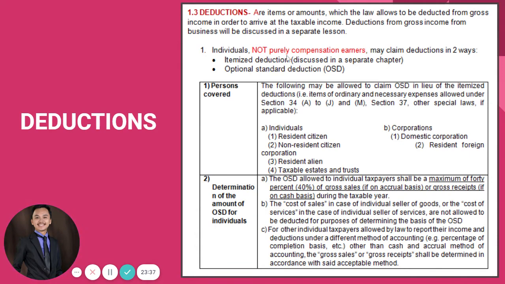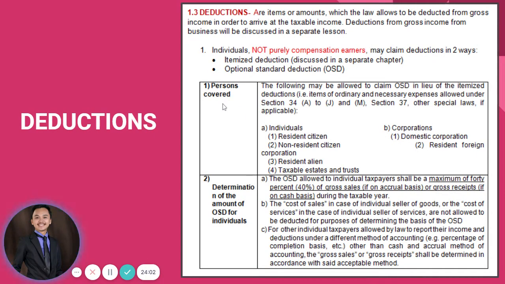But the details about the itemized deductions will be discussed in a separate video lecture or in a separate chapter. But the other one, the taxpayer may also opt to claim deductions through optional standard deduction or OSD. Again guys, itemized deduction is given in the problem. And the optional standard deduction, how to compute OSD.